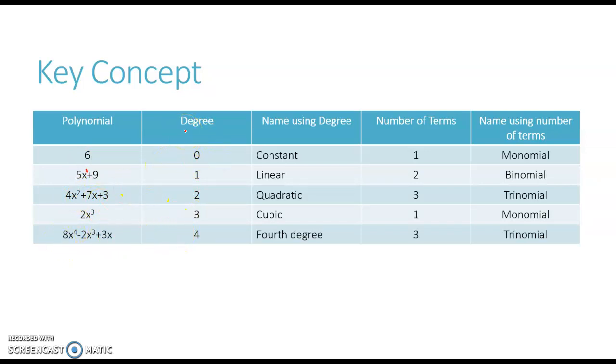Now, we have certain names using the degrees. If it's a 0 degree, just a number, we've been calling that a constant. In chapters 2, 3, and 4, we were working with linear equations because our variable only had a degree of 1. What we could get to is quadratics.